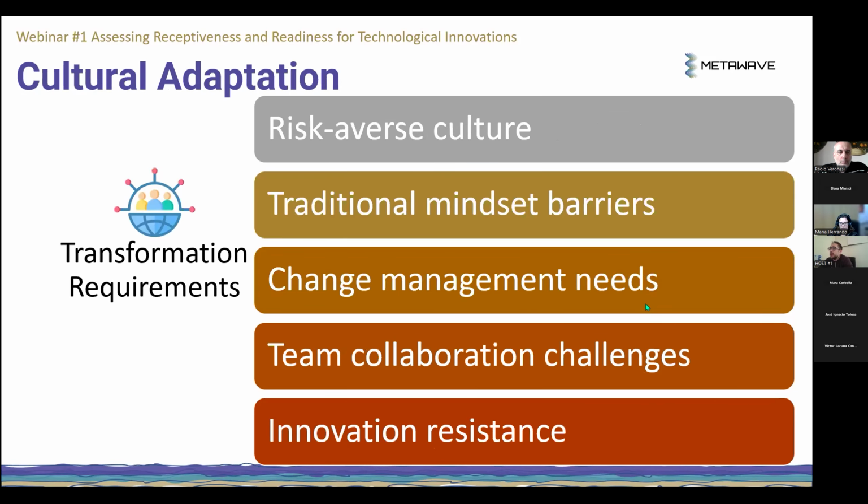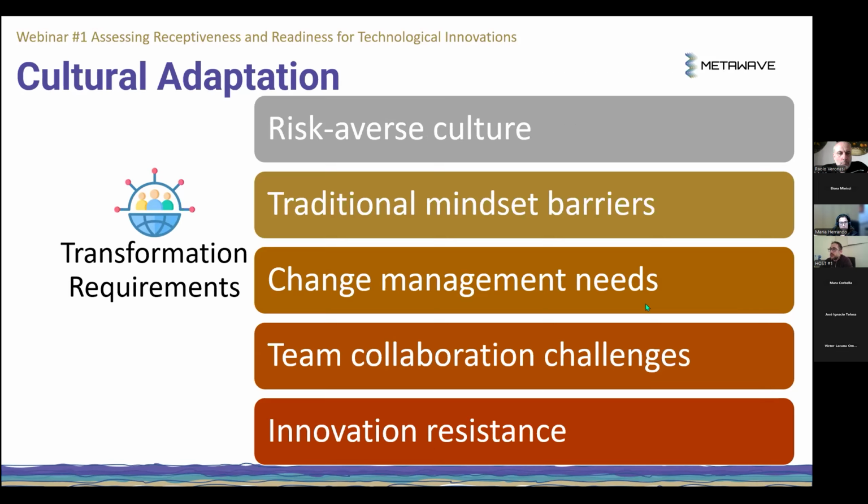Regarding cultural adaptation, this is more about the transformation requirements and how this can change the management needs and the collaborative spirit within these aspects. One of the key aspects that I would like to discuss is innovation resistance. More often we see that people resist new technologies and new innovative challenges that are presented to them.